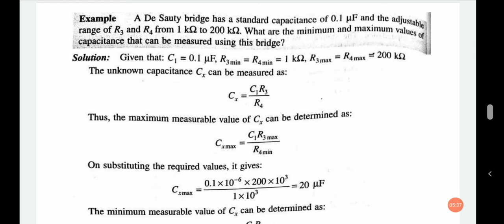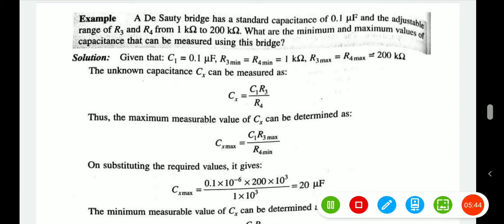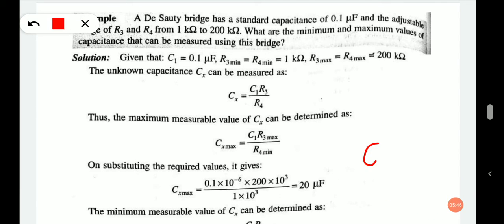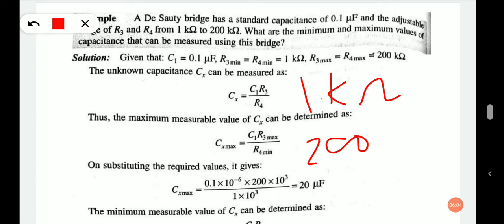A De Sauty bridge has a standard capacitance of 0.1 microfarad and the adjustable range of R3 and R4 from 1 kilo ohm to 200 kilo ohm.